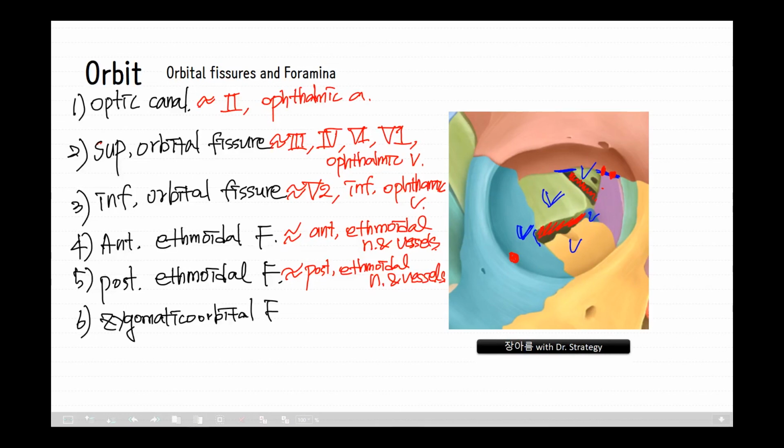This foramen contains the zygomatic nerve, which divides into two: the zygomaticofacial foramen and the zygomaticotemporal foramen, which have the respective names of the nerves.